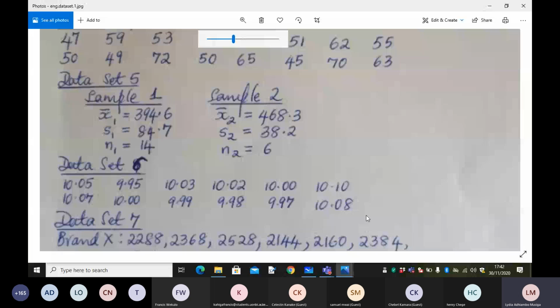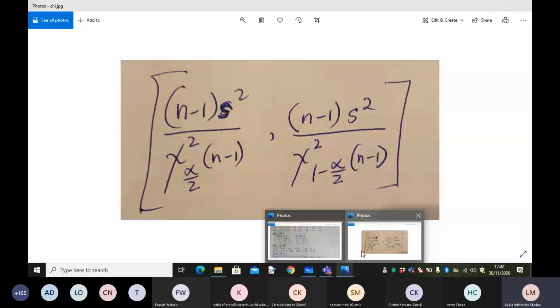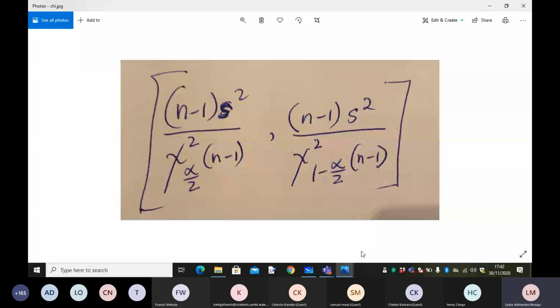You can see obviously that in the formula, if the sample size is 12, then n minus 1 is just 11. We need to calculate the sample variance, because we need S squared. And then we need to determine chi alpha over 2 with 11 degrees of freedom and chi 1 minus alpha over 2 with 11 degrees of freedom.